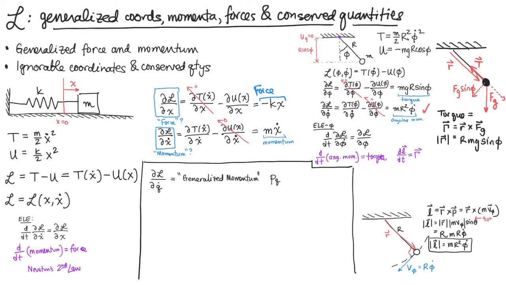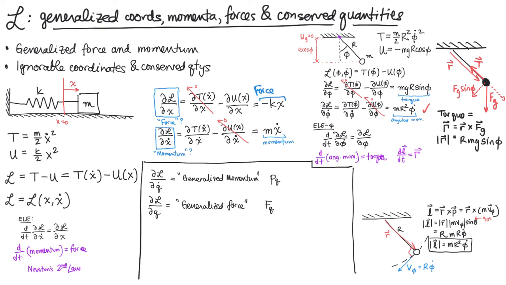We will call the partial with respect to the coordinate itself the generalized force, F sub q. In the cases that we've seen, the generalized momentum was the momentum for the spring mass system and the angular momentum for the pendulum system.